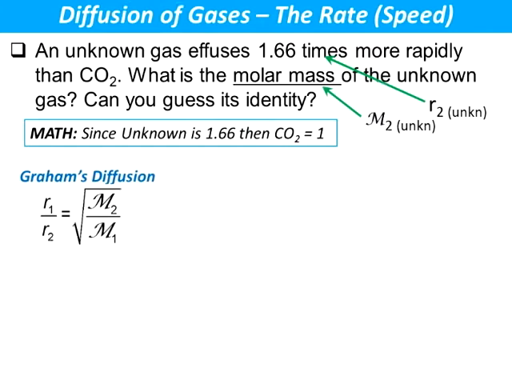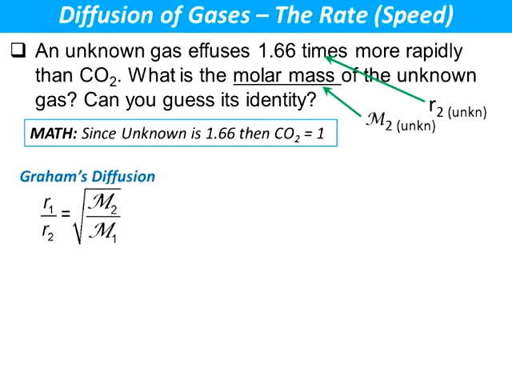So let's read the problem again. An unknown gas effuses, actually it diffuses, at 1.66 times more rapidly, indication of a rate, than carbon dioxide. What is the molar mass of the unknown gas? Can you guess its identity? By the rules of math, since the unknown is 1.66, then that means that carbon dioxide equals 1.